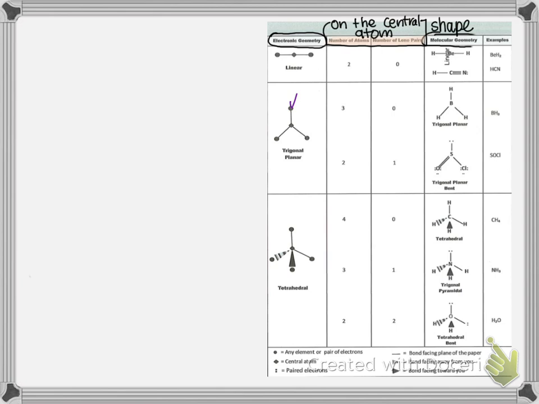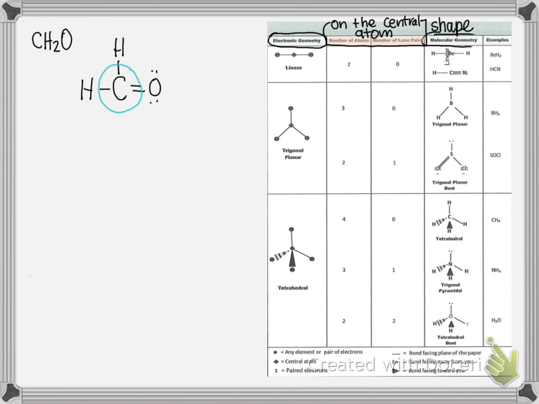So I want to do an example when I have a multiple bond. So another thing we did was CH2O when we did Lewis structures. And carbon was in the middle, and then we had an oxygen with a double bond, and then 2 hydrogens. So again, what we'll find is our central atom.